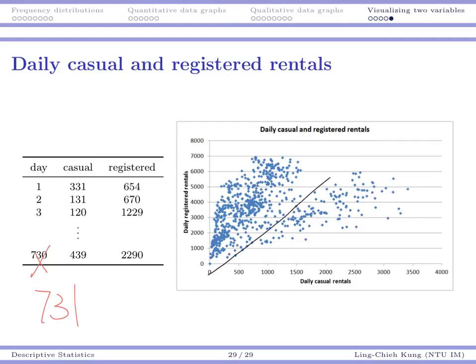If you separate them here, it seems one group of data looks something like this, and the other looks something like that. Then it's possible that indeed there are two subgroups within the 731 days, because they seem to have different patterns for you to go deeper for an analysis.